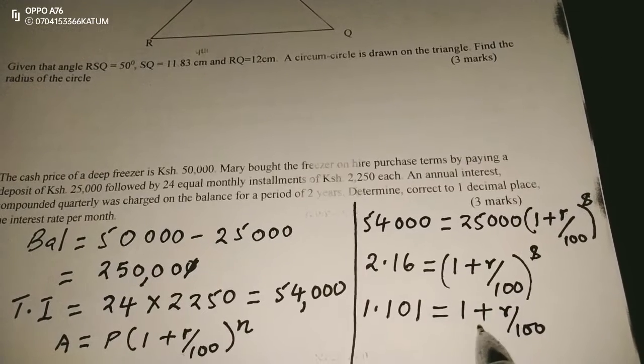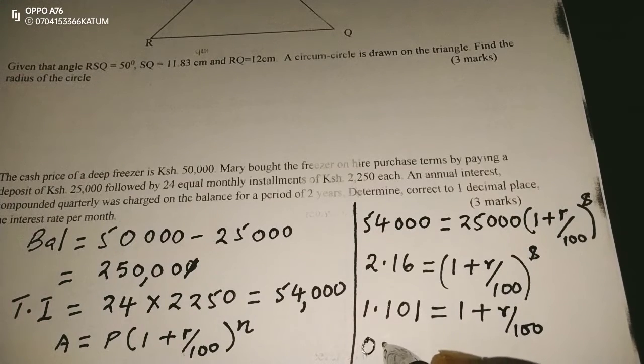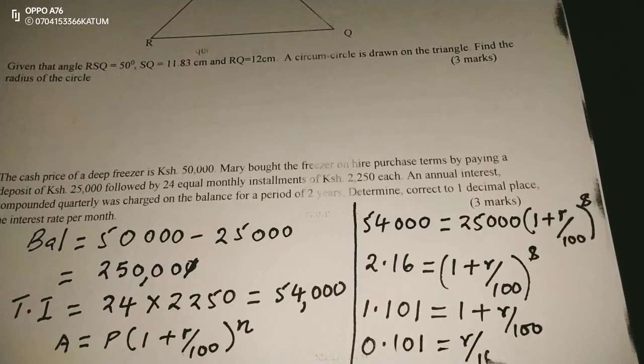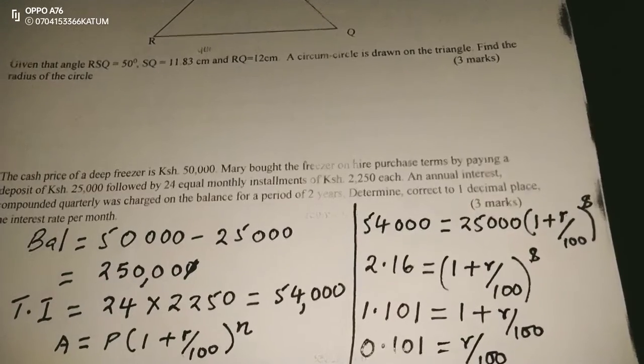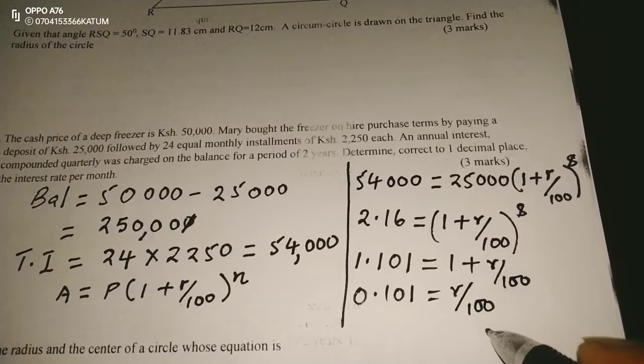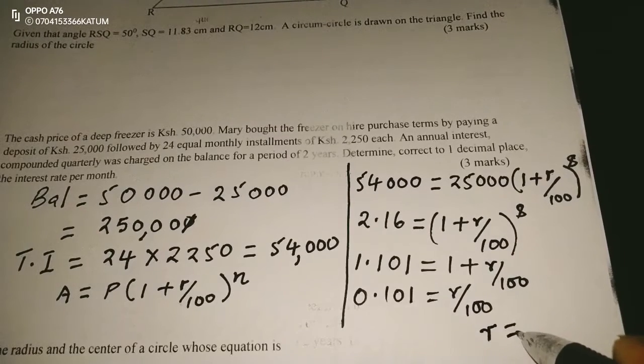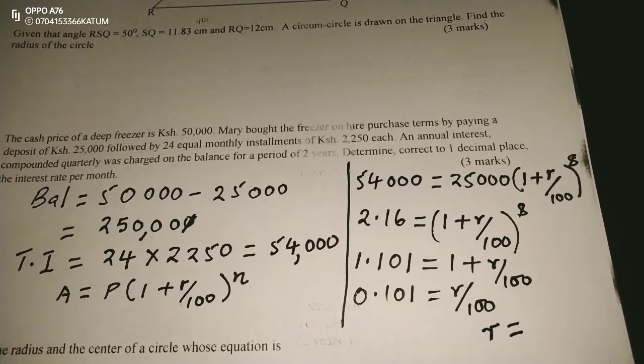To remain with r over 100, we subtract 1, where we get 0.101 equals r out of 100. And for me to remain with r, I multiply both sides by 100. This gives us exactly 10.1.